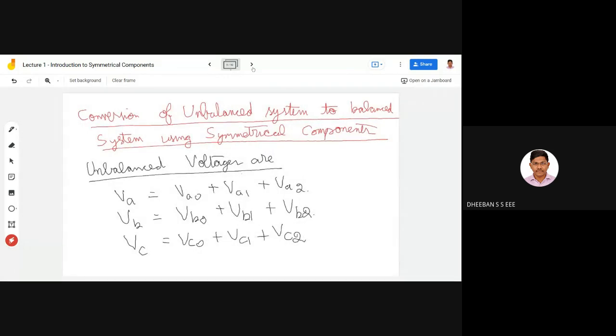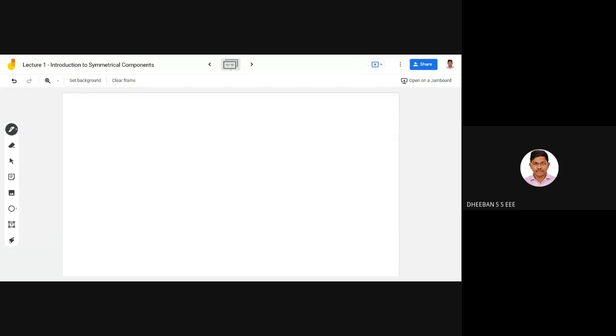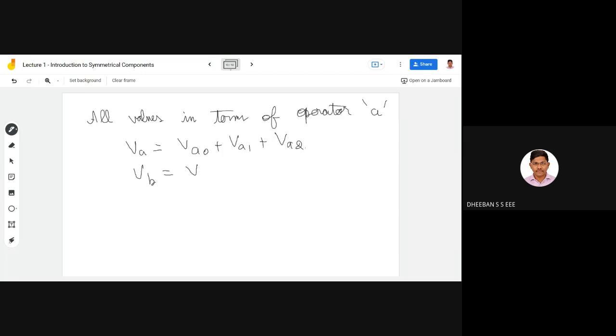So now to get a balanced one, we'll be replacing it, so all values in terms of operator A. If you are putting in terms of operator A, your VA will be equal to the same thing, VA0 plus VA1 plus VA2, whereas your VB becomes VA0 plus, here you have to replace your VB1.